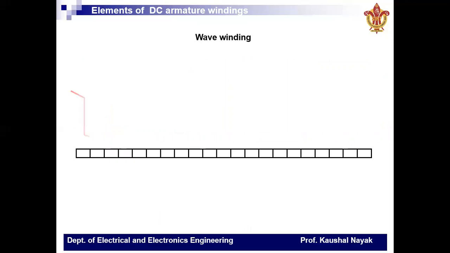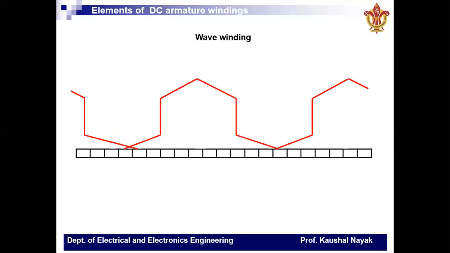Wave winding. A simplex wave winding is one in which the two coil ends of a coil are bent in opposite directions and connected to commutator segments which are approximately two pole pitch apart, that is, approximately equal to 360 degrees electrically.